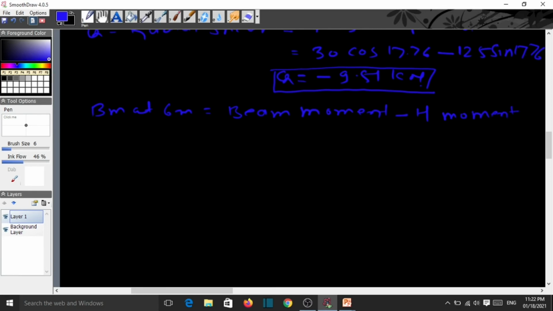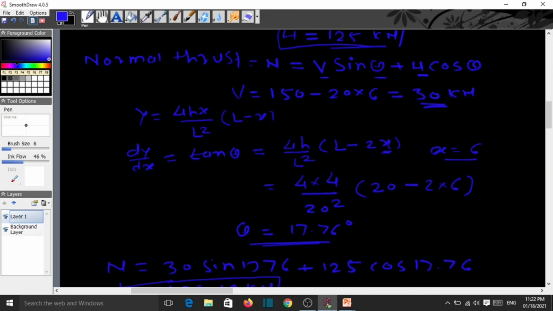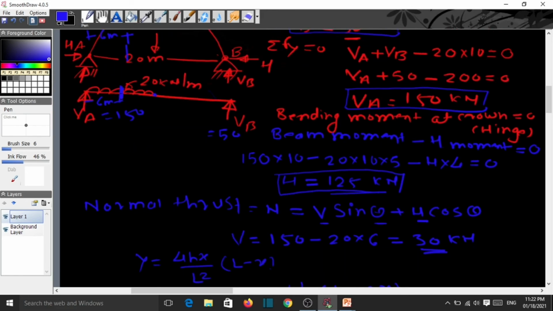Now first we write the beam moment. So beam moment here is VA into 6, which is a sagging bending moment, and this is the hogging bending moment, 20 into 6 into 3. That is the beam moment.